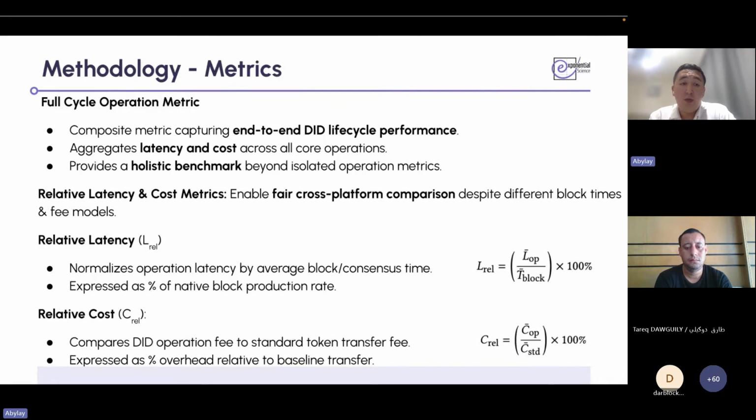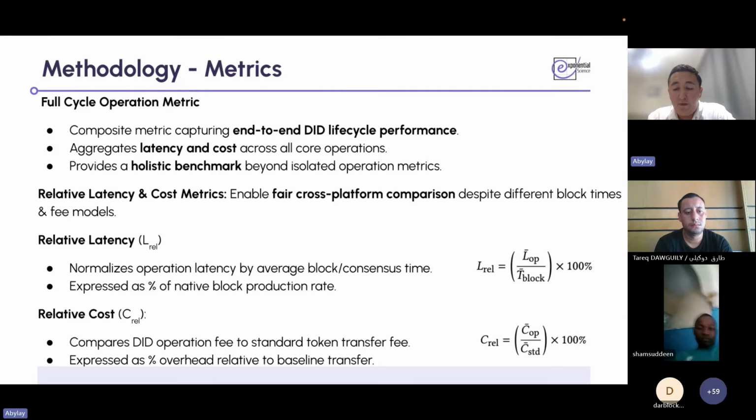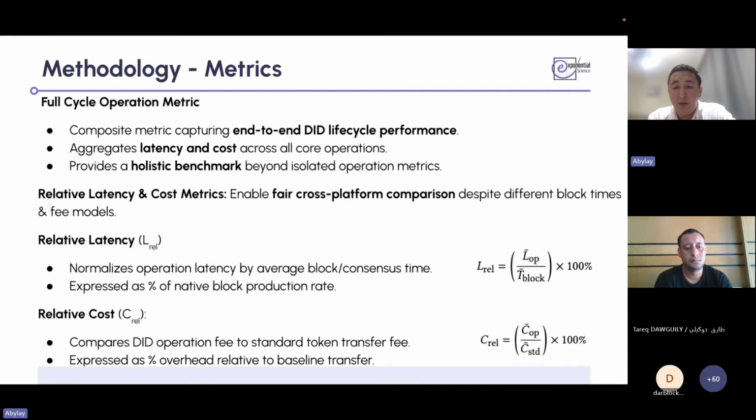We also introduced a new metric, the full cycle operation, which is just a composite metric that aggregates the cost or latency. It's very simple, but the relative latency and cost are quite interesting because they enable fair cross-platform comparison despite different block times and fee models. I mean, everyone here probably knows that Hedera is faster than Ethereum, so it's pretty clear that Hedera will win if we just compare latency.